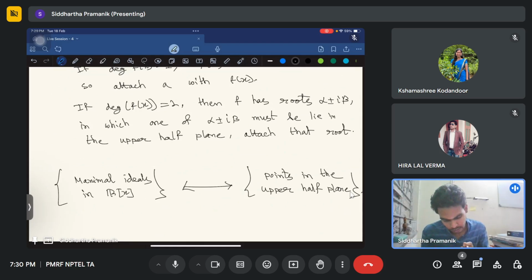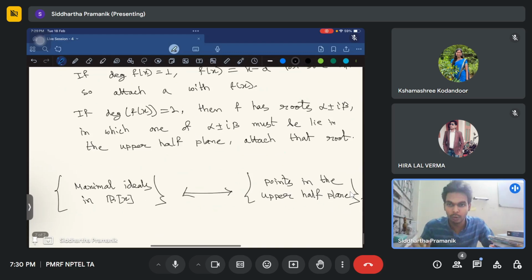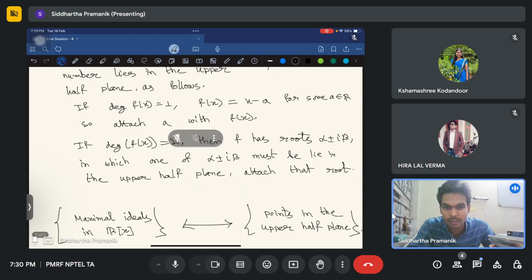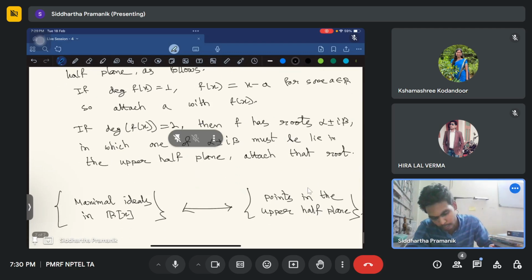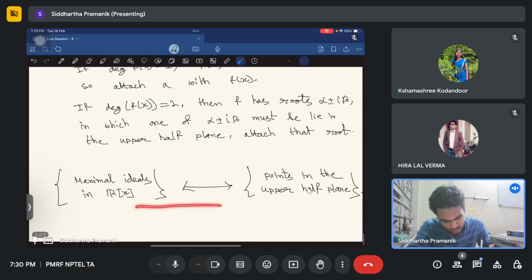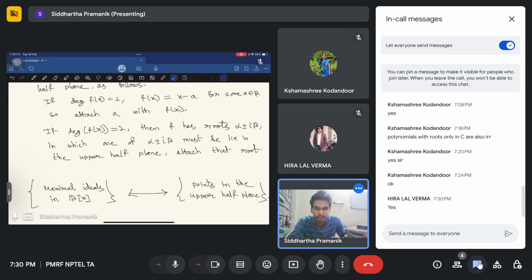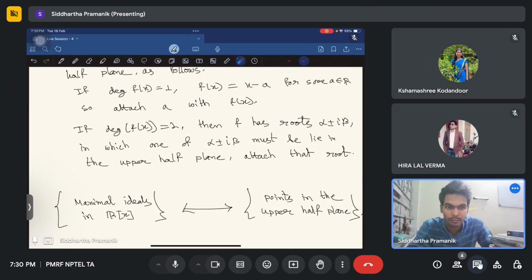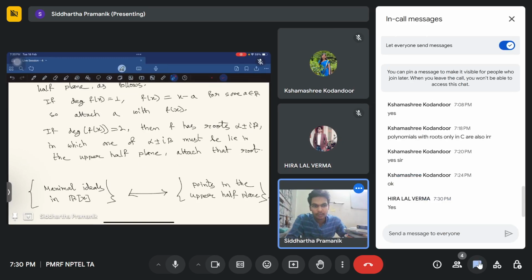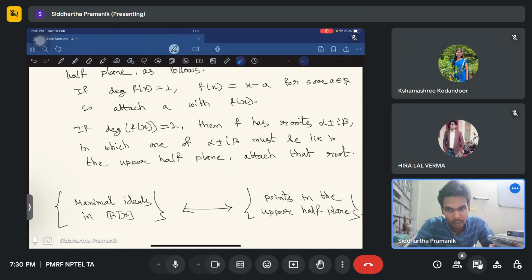Both these sets are in one-to-one correspondence. So did you get at least the sketch? Because we need to explicitly give the function which gives the bijection. That will come from this attachment of these roots. I have not written it rigorously, but it can be understood. Okay, so I hope so.